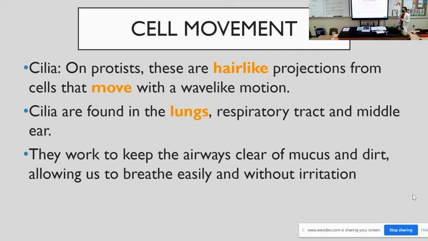We do actually have cilia in our body and in our cells, in the lungs, in our respiratory tract, so like what we breathe, and then even in our middle ear, and I think even in our nose and sinuses, there's cilia as well.